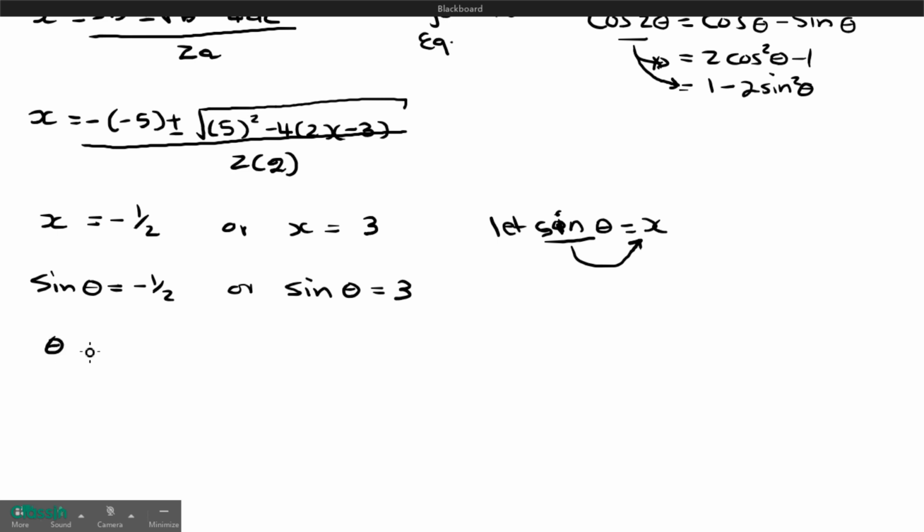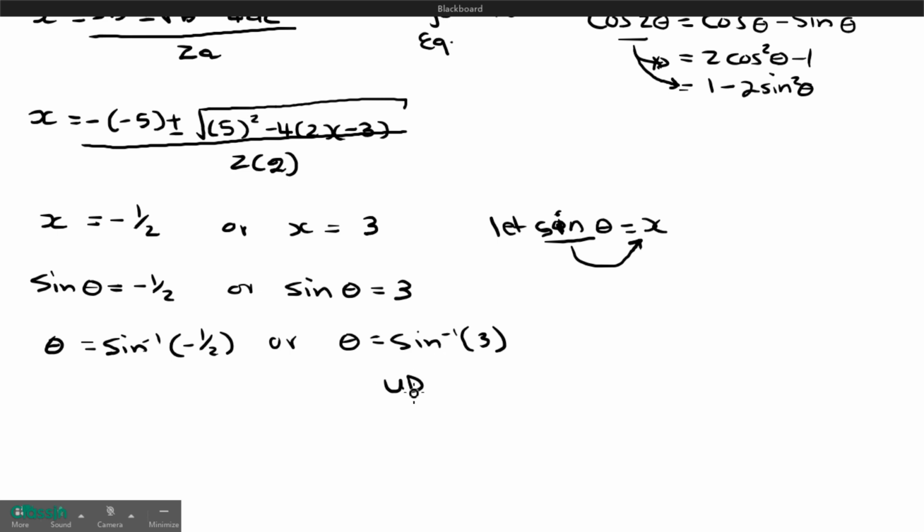So theta in this case is going to be arc sine of negative 1 over 2, or theta is going to be arc sine of 3.